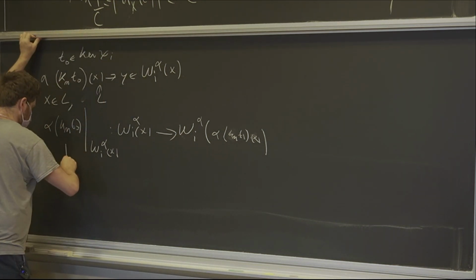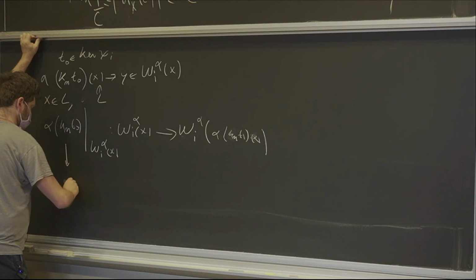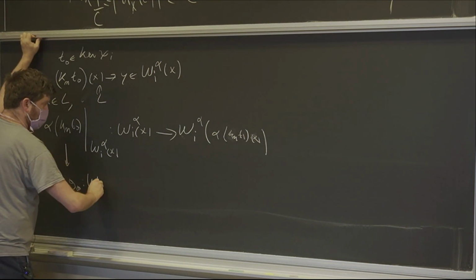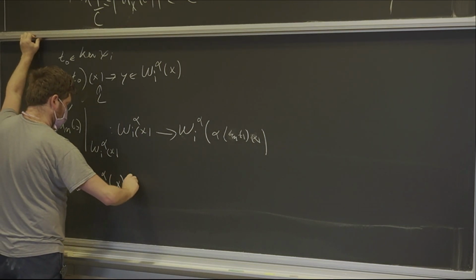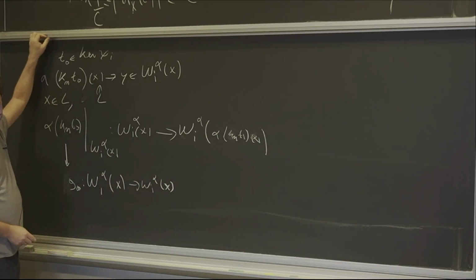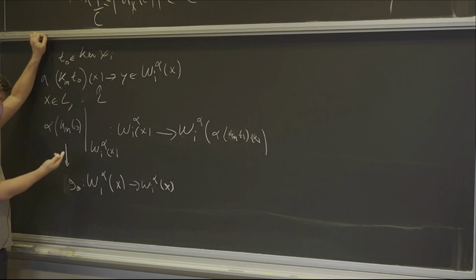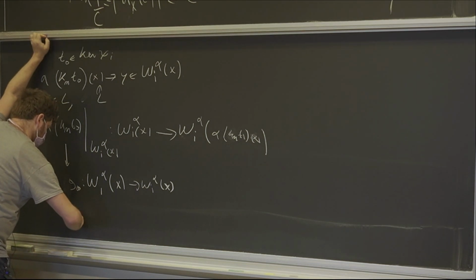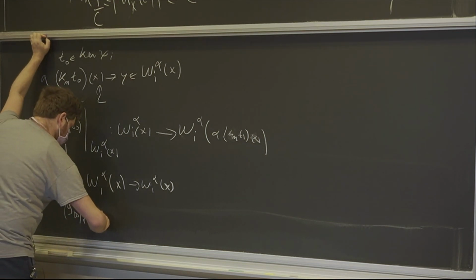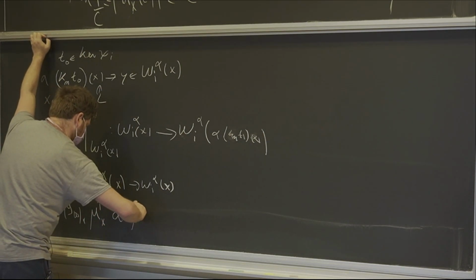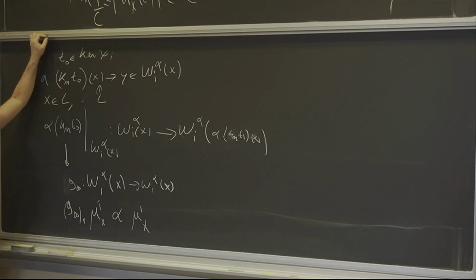So I can take the limit here into some g infinity, which will map this into this, that in coordinates will be affine, and it will map g infinity star mu xi will be proportional to mu ix. And that's what we were looking for.